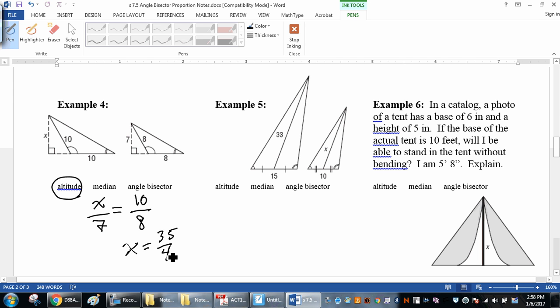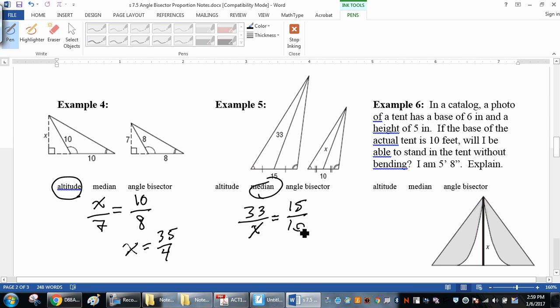Example 5. Now I see this coming down, bisecting the base. I see those two congruent sides. That means it's a median. And look, we know the whole base is 15. We know the median here is 33. The median in the smaller triangle is x, which equals the whole side in the large triangle over the whole side in the small triangle.